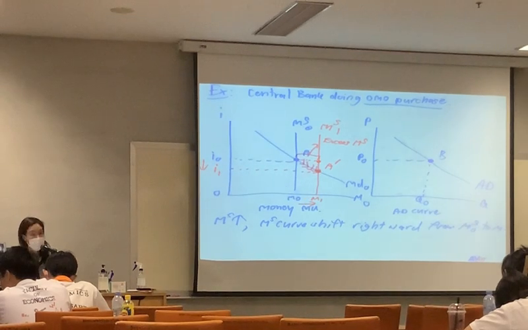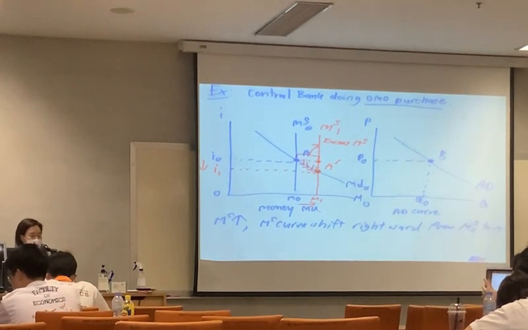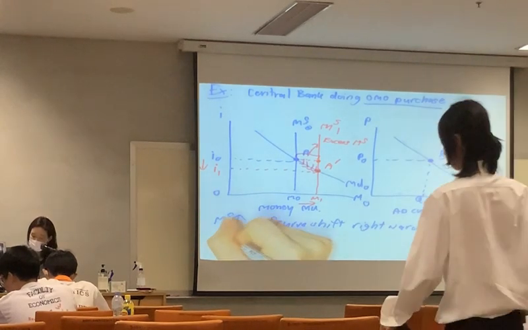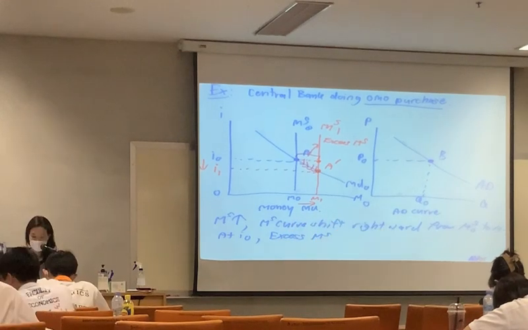This one you don't need to remember, you just explain what the graph is and you get the score. But if you don't explain, and just write or draw the graph, you get only half the score because I want to see your explanations. Just that. Okay. Let's say at I0 we have excess money supply. Okay.